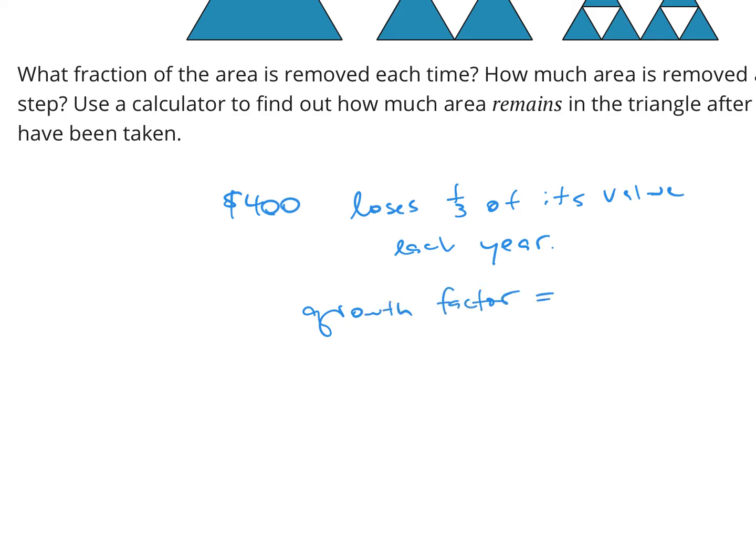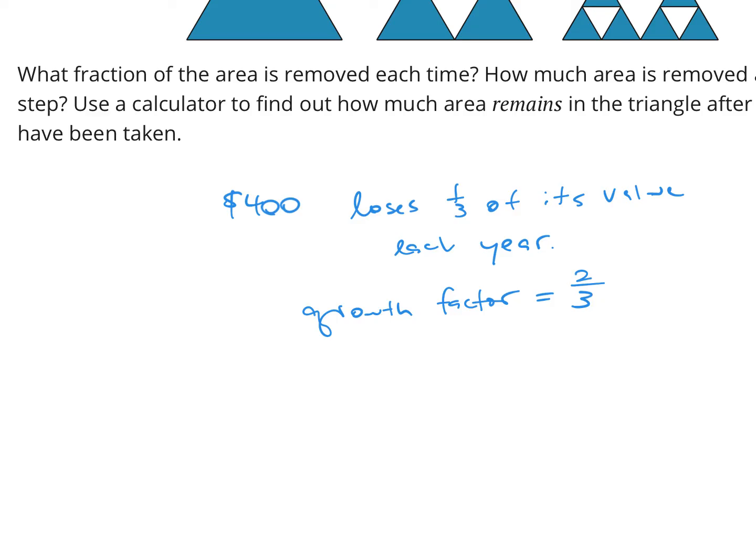It's actually going to be 2/3, because we're talking about how much is the camera currently worth? What is its current value? If it loses a third of its value, that means that it is currently worth 2/3 of its value. It is still going to be decreasing by this growth factor of 2/3, but we're not going to be using 1/3.